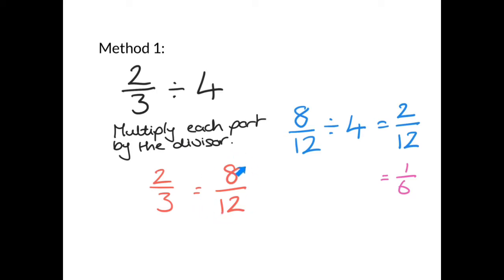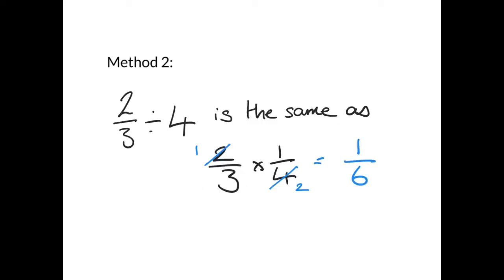My equivalent fraction for 2/3 is 8/12. 8/12 divided by 4, 8 divided by 4 is 2, so 8/12 divided by 4 is 2/12, simplified to 1/6. The second method is to treat dividing by 4 the same as finding 1/4, which it is, cancel down, and then multiply across. 1 multiplied by 1 is 1, 3 multiplied by 2 is 6. Answer already in its simplest terms.